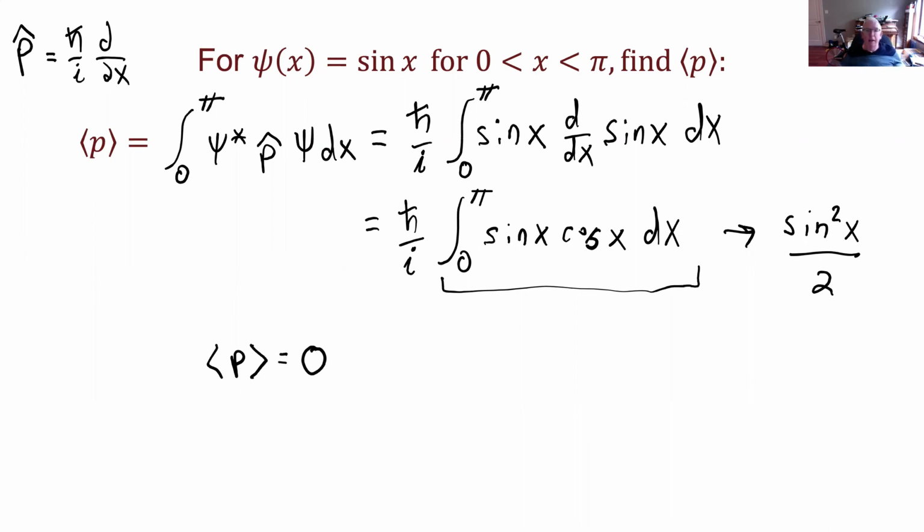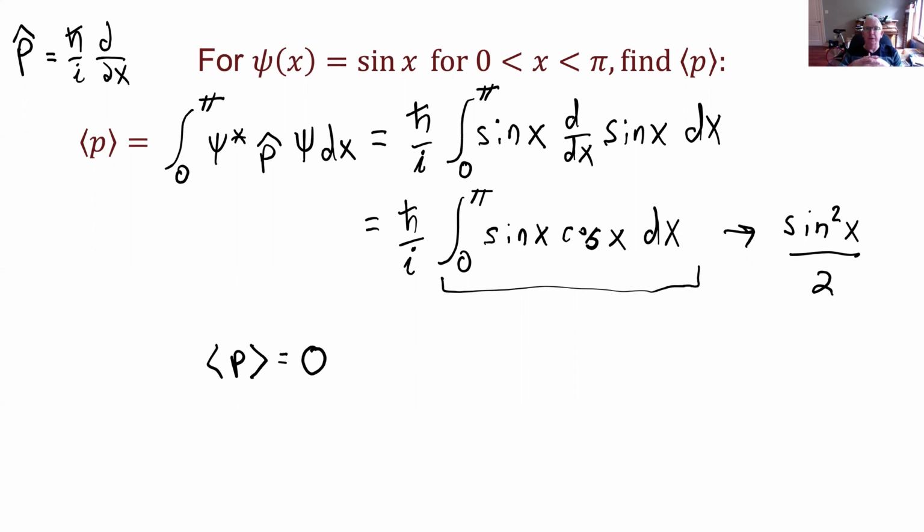So that says this is a case where if I measure the momentum lots of times, I should end up with the average of all those values being equal to 0. Okay, we can do this for any sort of operator, for any property, right? If we take that sandwich integral around an operator where the wave function is an eigenfunction, then we're just going to get the eigenvalue, right?